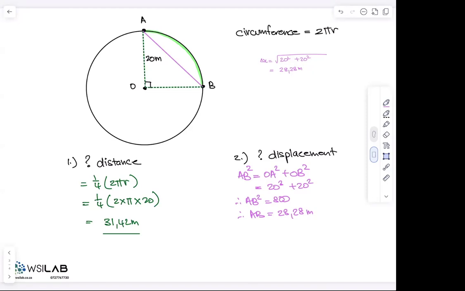Okay. But now you have to get the direction. Isn't that just southeast? Yes. Very good. Northeast, sorry, not south. North, east, south, west.